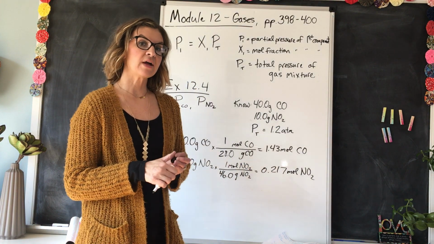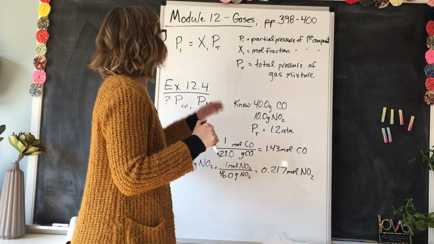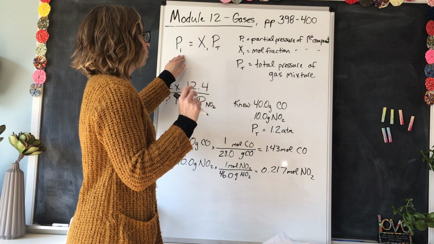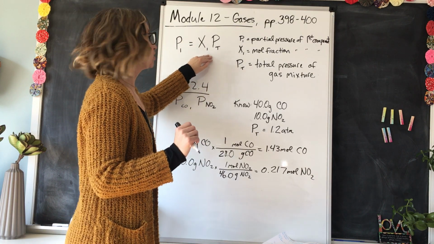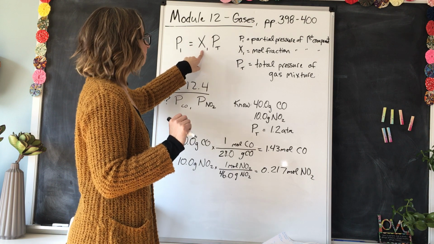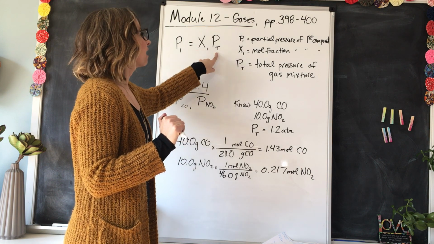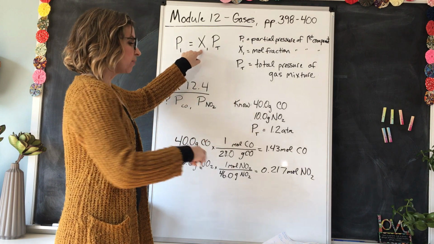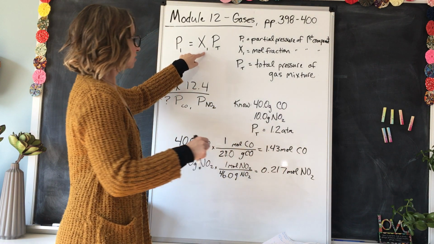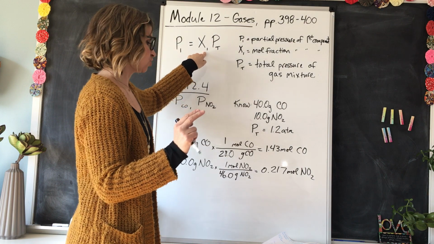All right, now if we want to find the partial pressure of one of the gases that's present, we can use this equation. So we have to know the mole fraction for that particular gas, and we have to know the total pressure. We know the total pressure, we know how many moles there are of each gas, so we can figure out the mole fraction for each one.